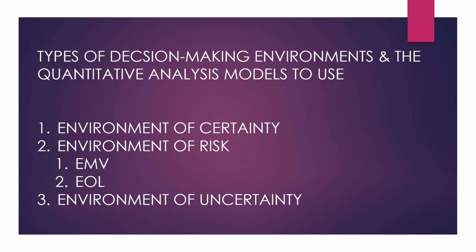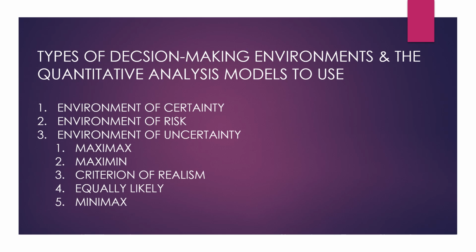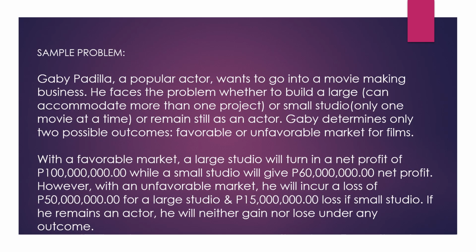EMV stands for expected monetary value, and EOL stands for expected opportunity loss. And under the environment of uncertainty, the quantitative analysis models that we can use are Maximax, Maximin, criterion of realism, equally likely, and Minimax. We will discuss that later.